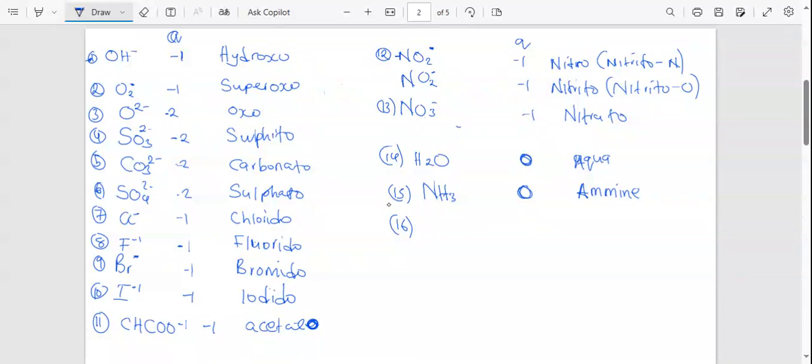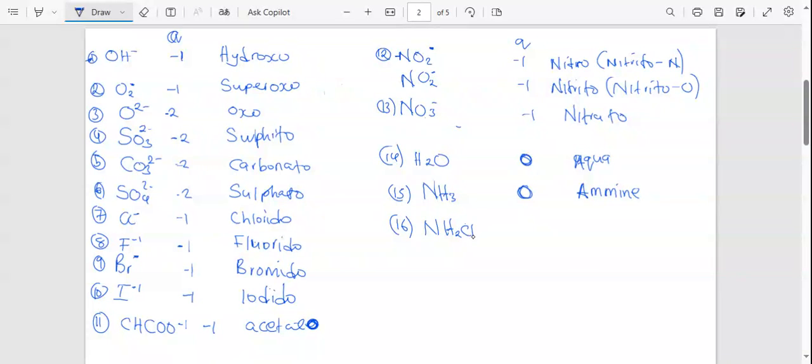But let me give you another neutral ligand, methylamine. We know amine as N with the 2 there. Then you can put a methyl there.